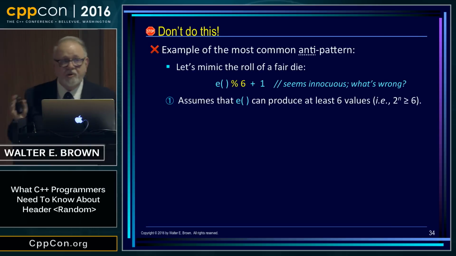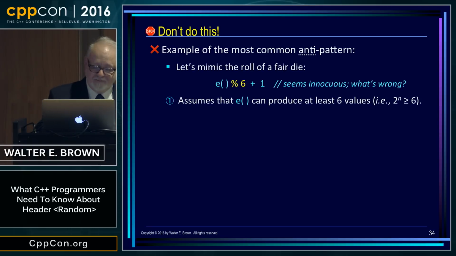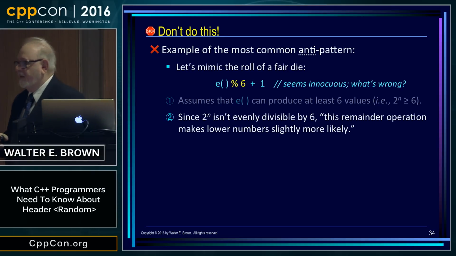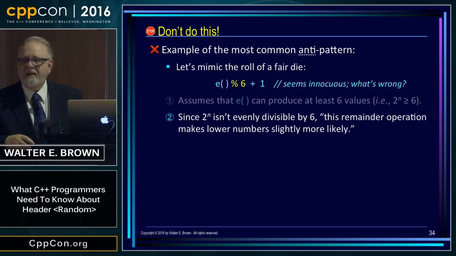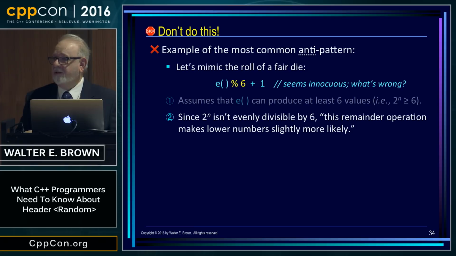But, you may not control the engine. Somebody may be handing you an engine. So, you're making an assumption. So at least document it. Okay. Here's the major issue. Typically, n is an integer. And therefore, when you call the engine, you can get any one of 2 to the nth different results.